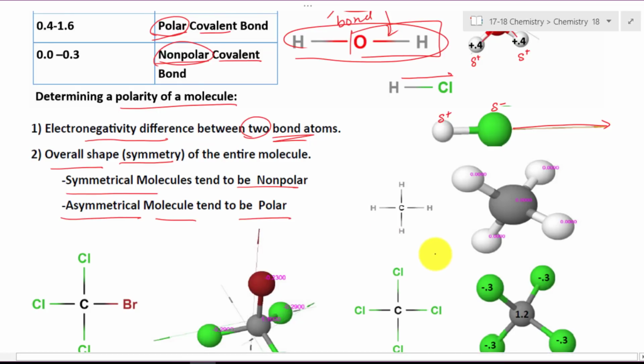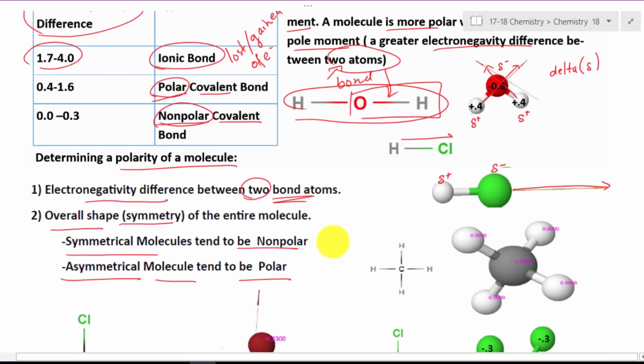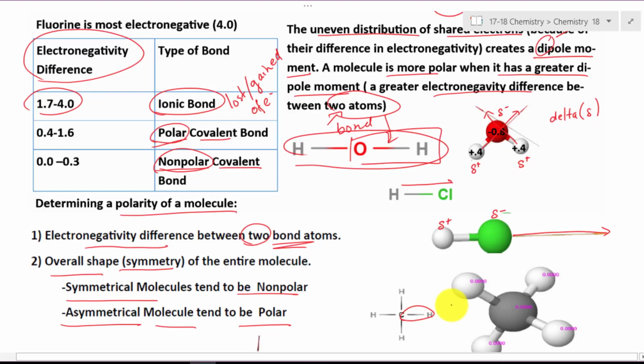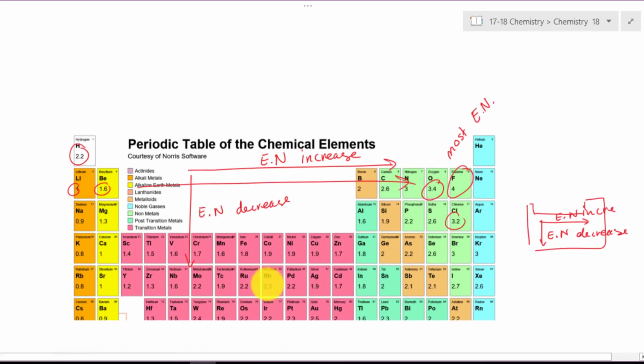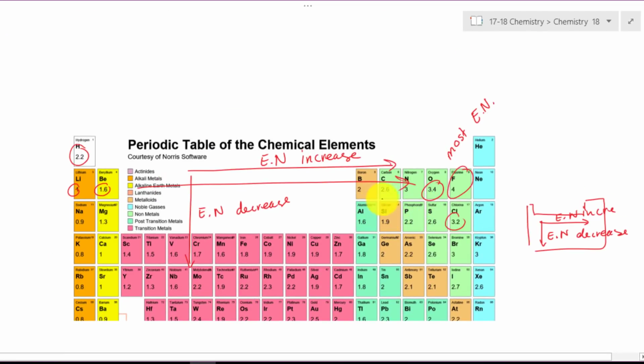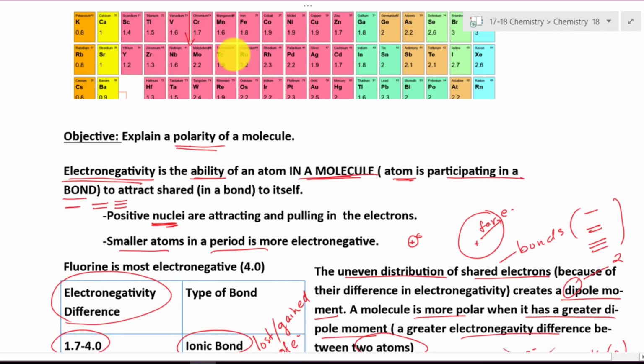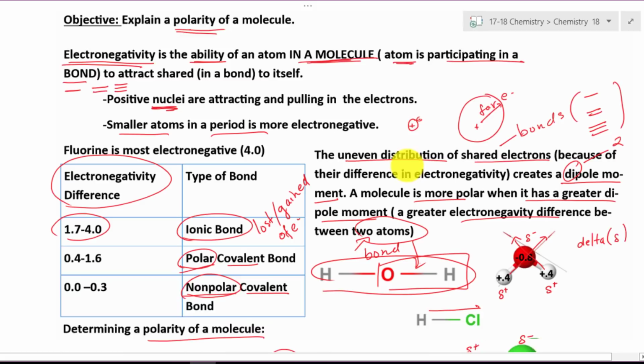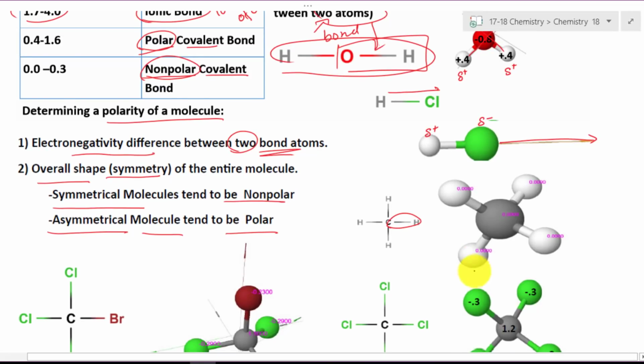Let's look at a molecule that is nonpolar. So first of all, we have CH right here. That's the bond right there, right? So look at CH. C is carbon, which is 2.6, and hydrogen is 2.2. Notice that the difference is extremely small, and that's the reason why this is considered nonpolar.